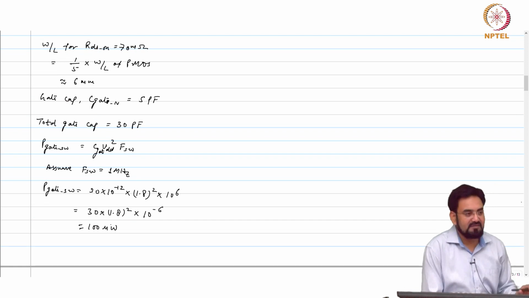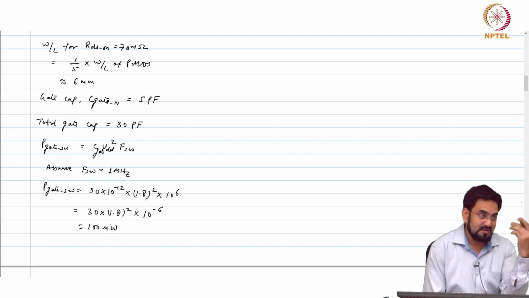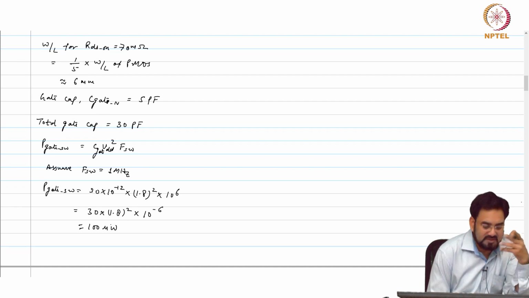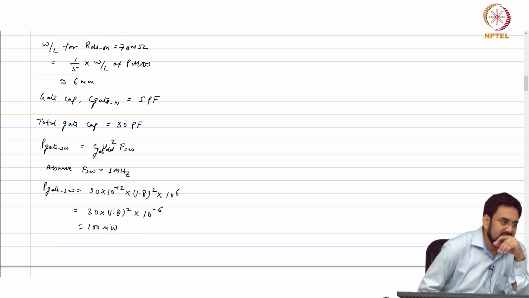So we still have a lot of margin, which means we can even operate at 10 megahertz also. Okay. So you'll get roughly 1 milliwatt, and 1 milliwatt is still a very small fraction. So let's say you are targeting 1% of your 120 milliwatt, so 1.2 milliwatt. So 10 megahertz is, I would say, the safe side if you want to make sure your switching loss is not dominating at full load.